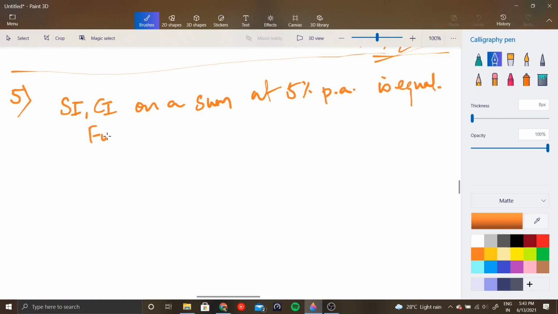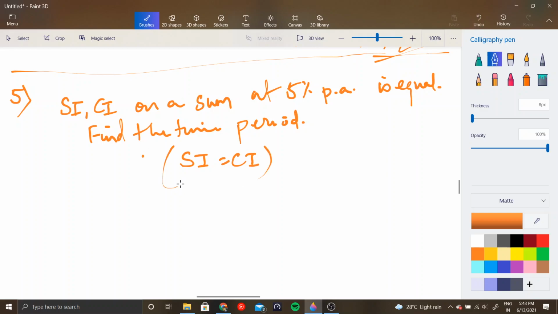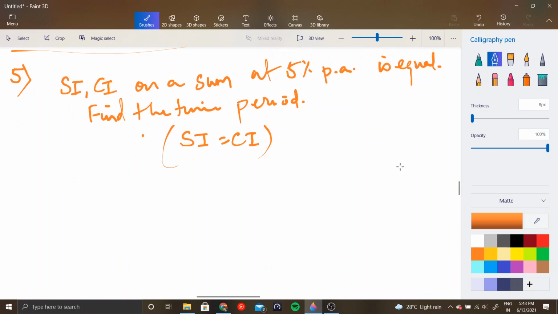Now they are telling you to find the time period. So you need to find the time period for which simple interest equals compound interest. It is our intuition that for the first year the simple interest and the compound interest will be same. But when you are given this kind of question, you actually need to prove this.